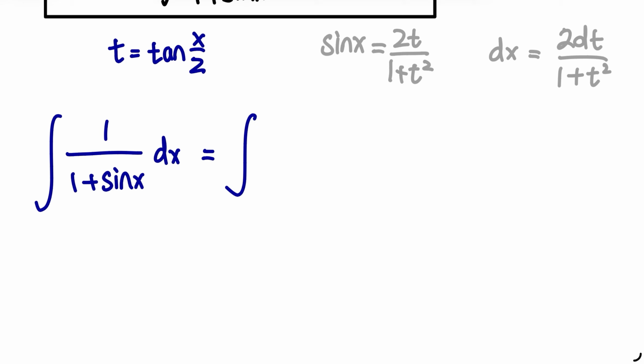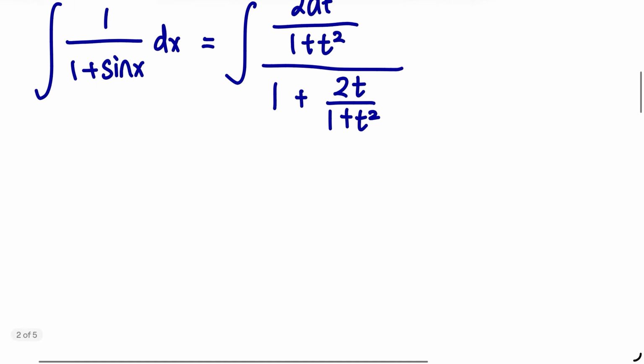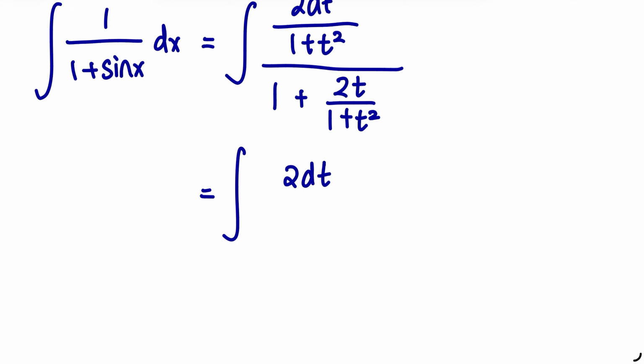So this is basically just 2 dt over 1 plus t squared, over 1 plus 2t over 1 plus t squared. We can simplify it: 2 dt over 1 plus t squared plus 2t.